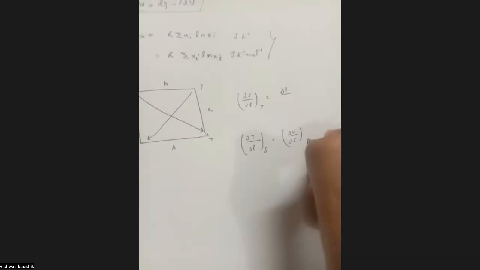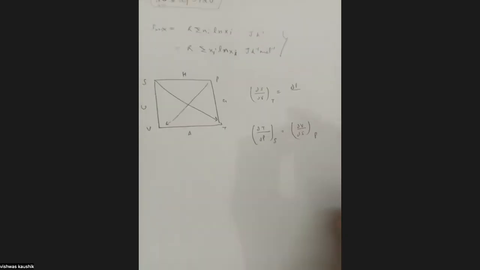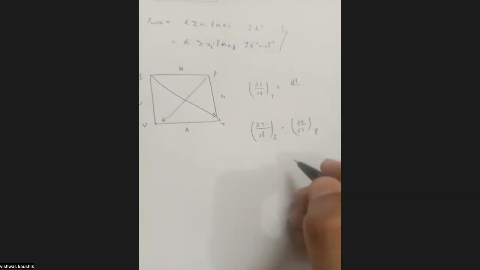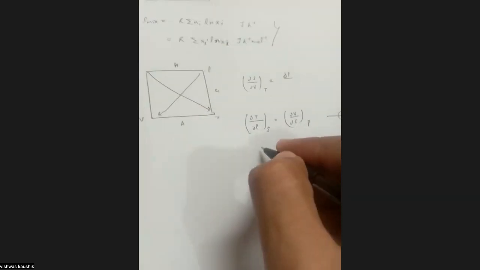Another Maxwell relation is (∂S/∂V) at constant temperature equal to (∂P/∂T) at constant volume. This is another Maxwell relation.